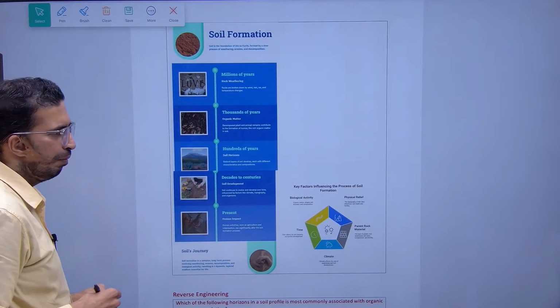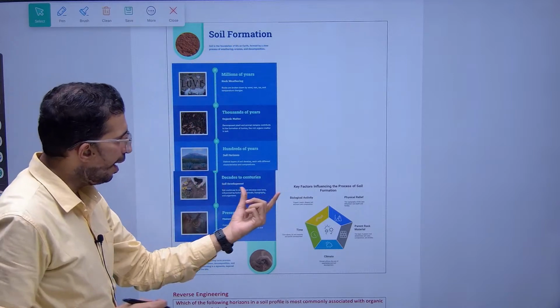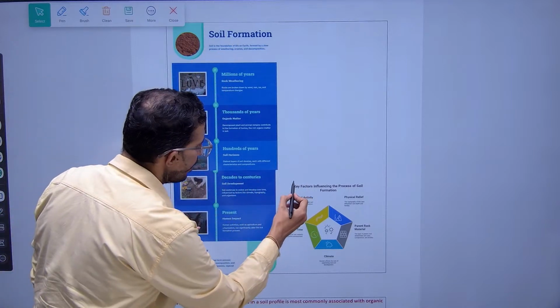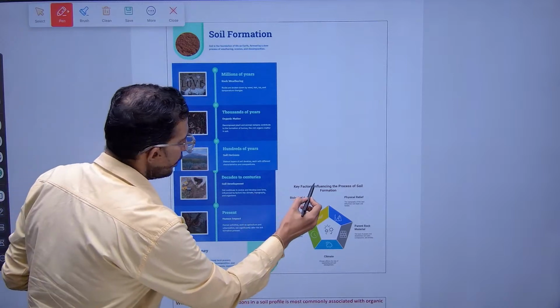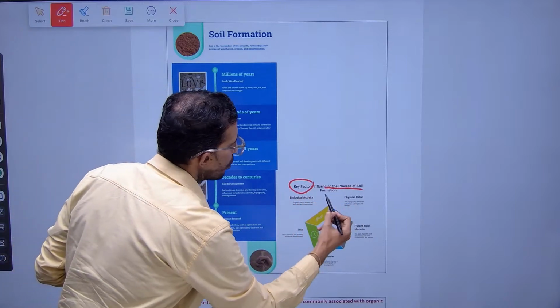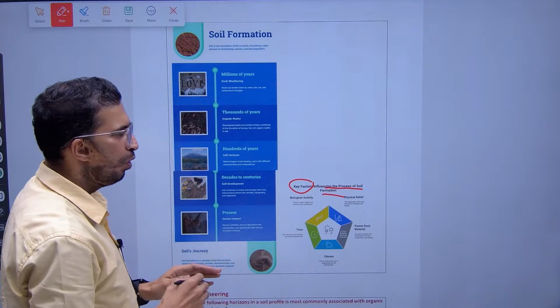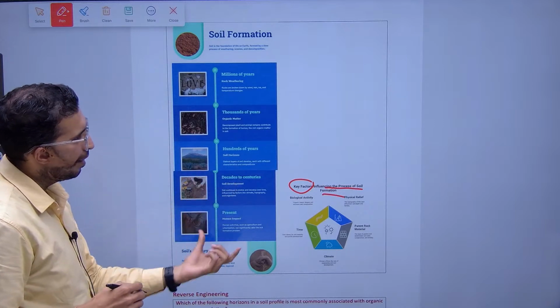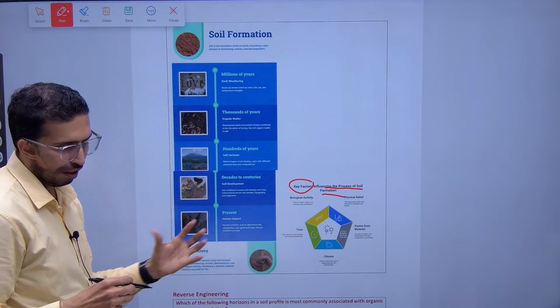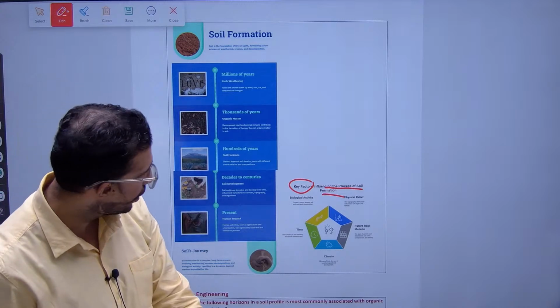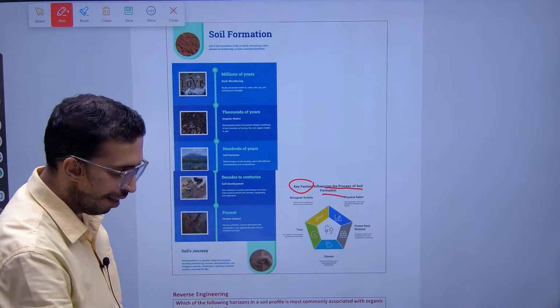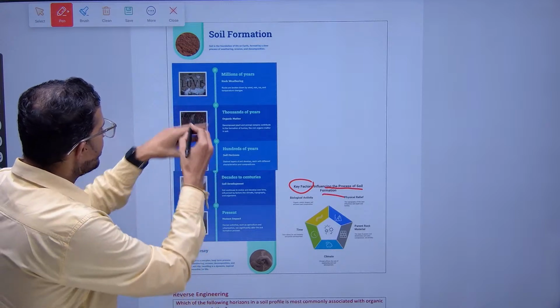Just see the diagram, soil formation, and this one is the key factors influencing the process of soil formation. We are going to study in a detailed manner. Just see the diagram, what you are seeing, or how you are analyzing. See, this is a time period.